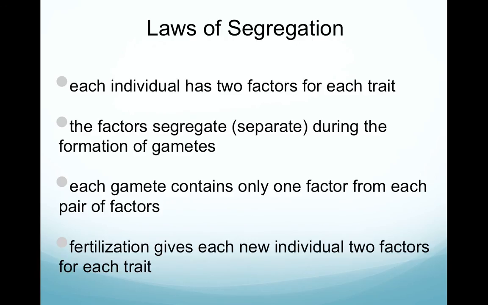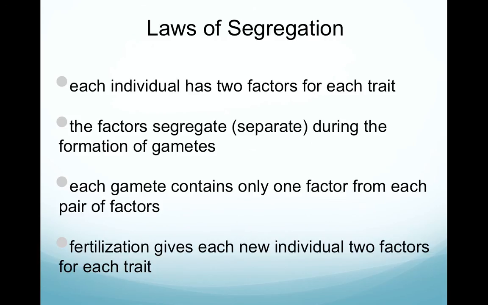The law of segregation states that each individual has two factors for each trait. The factors will segregate, or separate, during the formation of gametes. Each gamete contains only one factor from each pair of factors, and then fertilization gives each new individual two factors for each trait. We know now that all of these things are basically true.